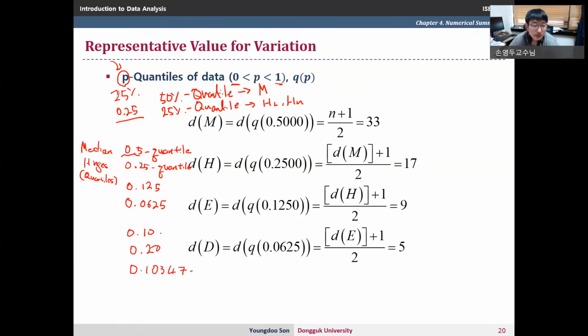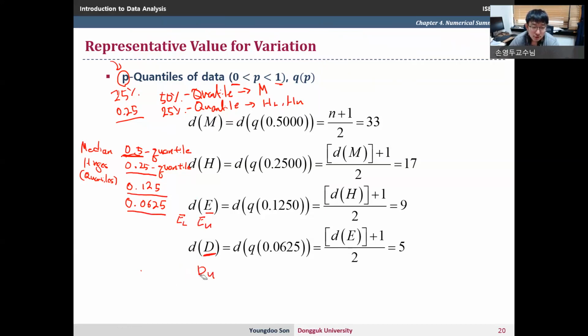So in this page, we have 4 examples. Median, the 0.5 quantile, and quartiles or hinges, the 0.25 quantile, and E, we have 2 of them, EL and EU. They are the 0.125 quantile, and D, the 0.0625 quantiles.